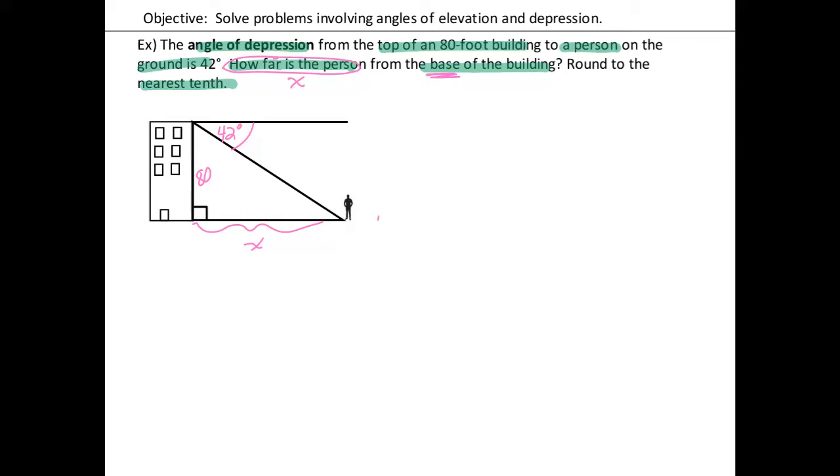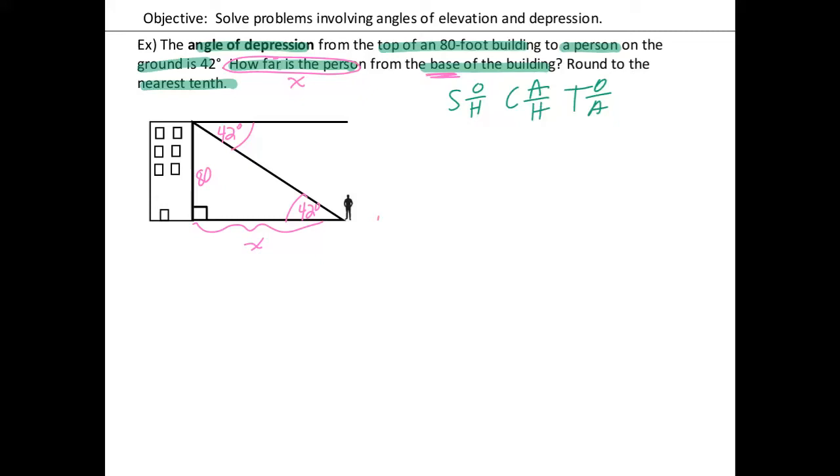Again, we just learned that angle of depression is equal to angle of elevation. So I can move my 42 degrees down here, and then it becomes the same kind of problem we were doing on Friday. I can label my triangle for SOHCAHTOA because I have a right triangle.